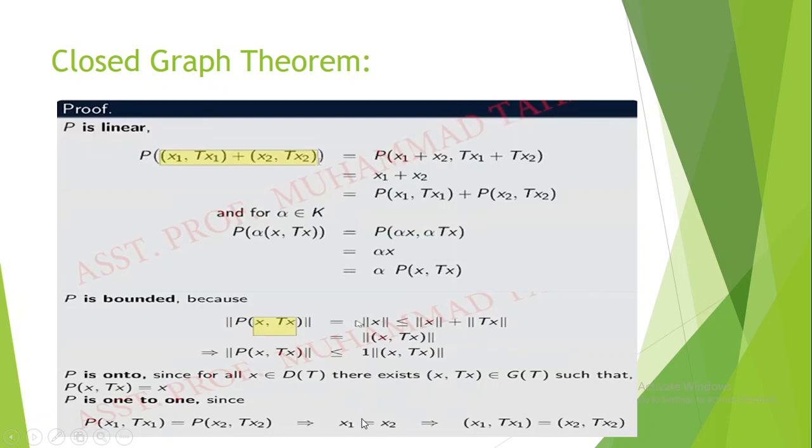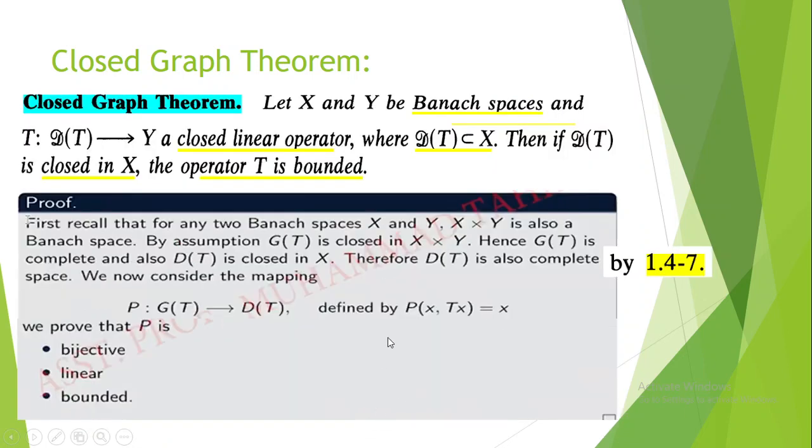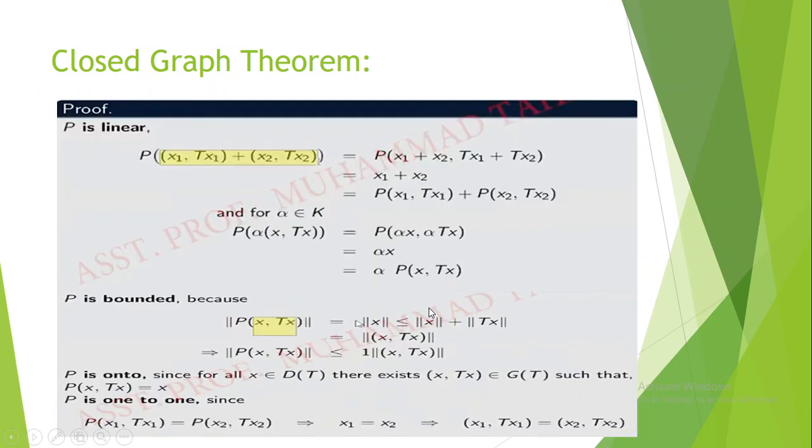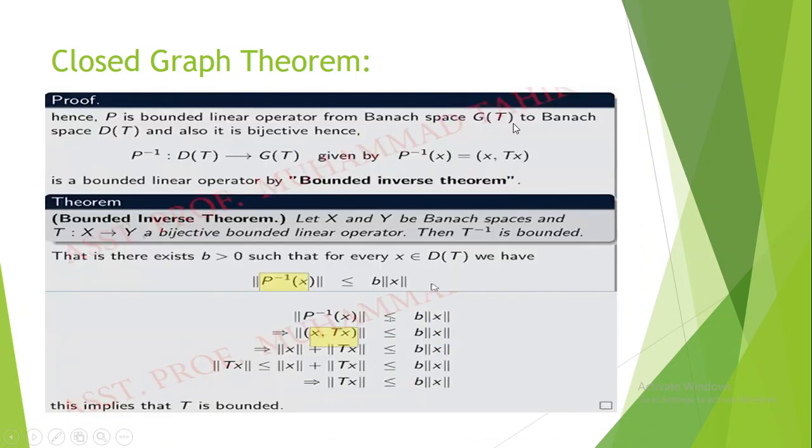So this implies x1 equals x2 by this definition. Now this implies the ordered pair x1 and this ordered pair are equal. How? Because of these definitions.